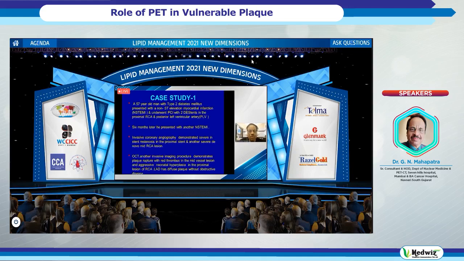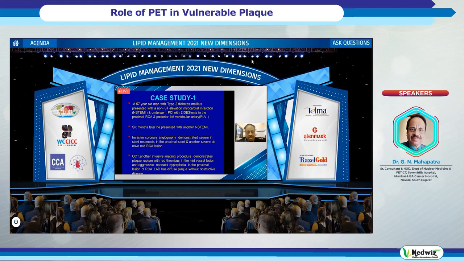A 57-year-old man with type 2 diabetes mellitus presented with a non-ST elevation myocardial infarction and underwent a PCI with 2 drug-eluting stents in the proximal RCA and posterior left ventricular artery. Six months later, he presented with another non-STEMI. Invasive coronary angiography demonstrated a severe stent restenosis in the proximal stent and another severe de novo stenosis.